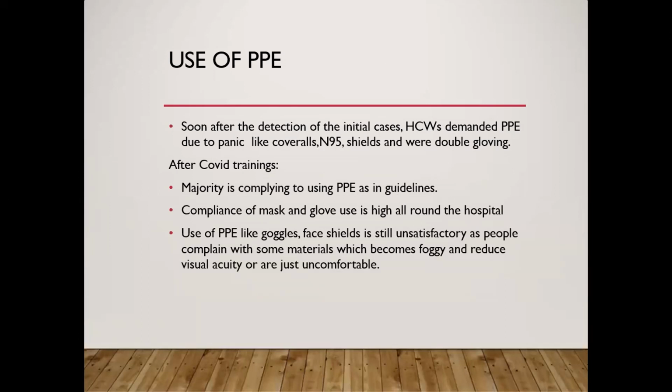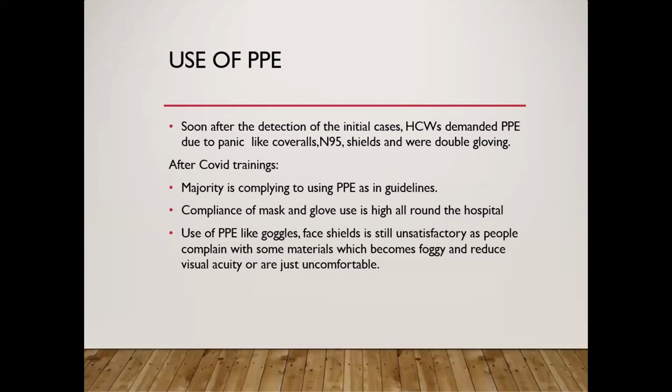So after the trainings, the majority complied with the guidelines that were provided on use of personal protective equipment. And also compliance of mask and glove use is high all around the hospital. And use of personal protective equipment like the goggles and the face shields is satisfactory where it's supposed to be used, although people are complaining about the material, such as becoming foggy and reducing their visual acuity.